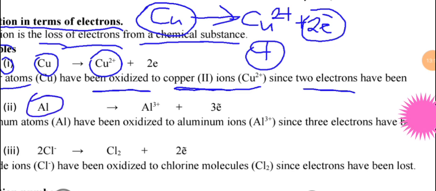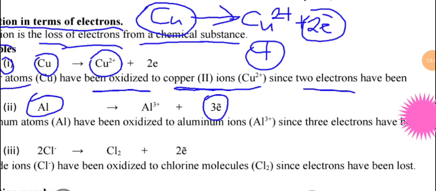The same applies when we are talking about aluminium. Aluminium is going to be oxidized by losing 3 electrons. Now, I need to explain a very good concept which is likely to confuse some of you when you meet it in your exam.